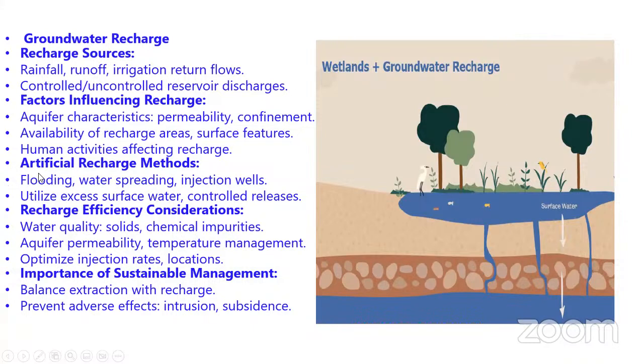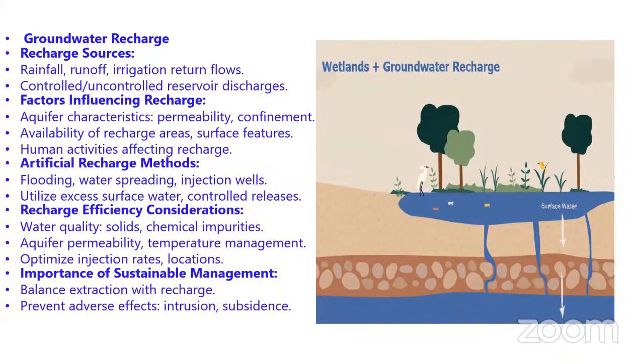Okay, now we are talking about artificial recharge methods: flooding, water spreading, injection wells, utilizing excessive surface water, and controlled releases. Artificial recharge, you may know, includes rainwater harvesting structures, check dams, contour bunds, and recharge infiltration wells.